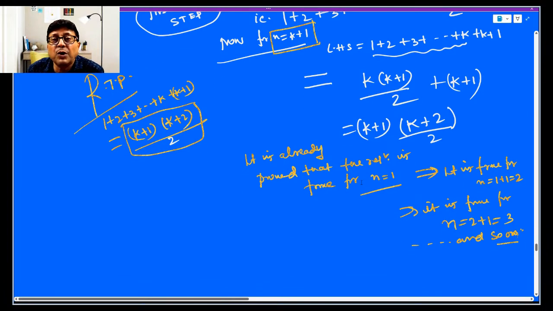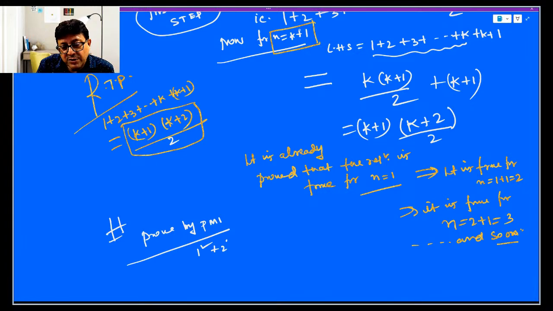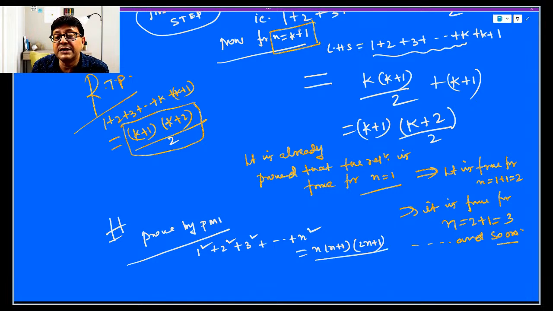Giving you one homework, just write it and try to get it at home. Prove by PMI: 1 square, 2 square, 3 square, the sum of the squares of the first n natural numbers is n into n plus 1 into 2n plus 1 by 6.